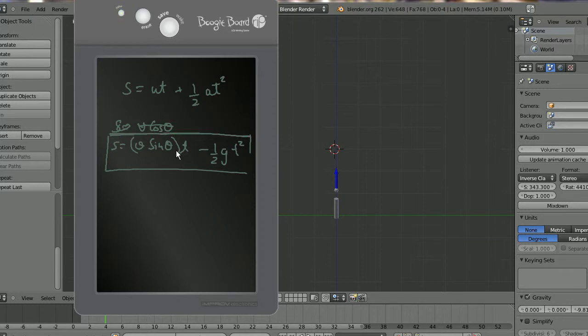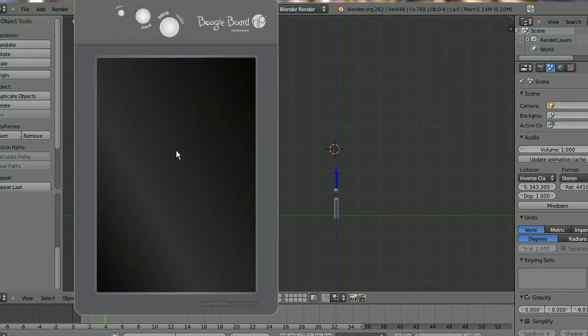So we can plug in any amount of time into this equation. All we have to do is plug in a time in this equation and it will tell us how high the ball is. So this is displacement in height, which is equal to v sin theta into t minus half g t square. This is a general equation for how high you will be at any point in time during the flight.